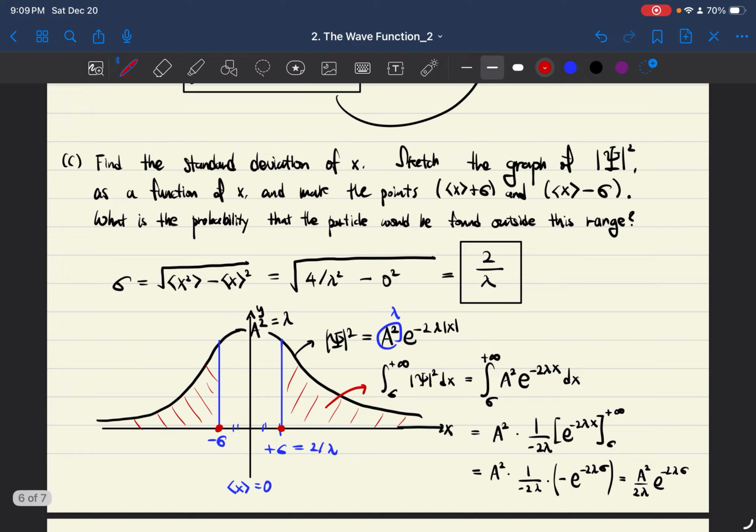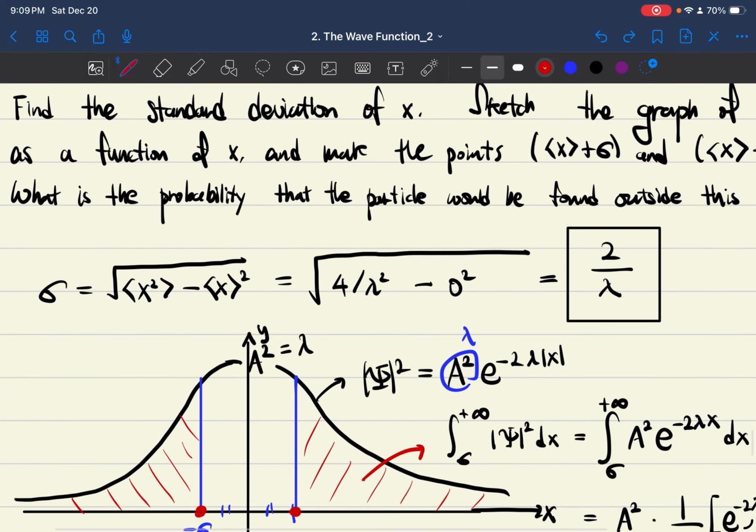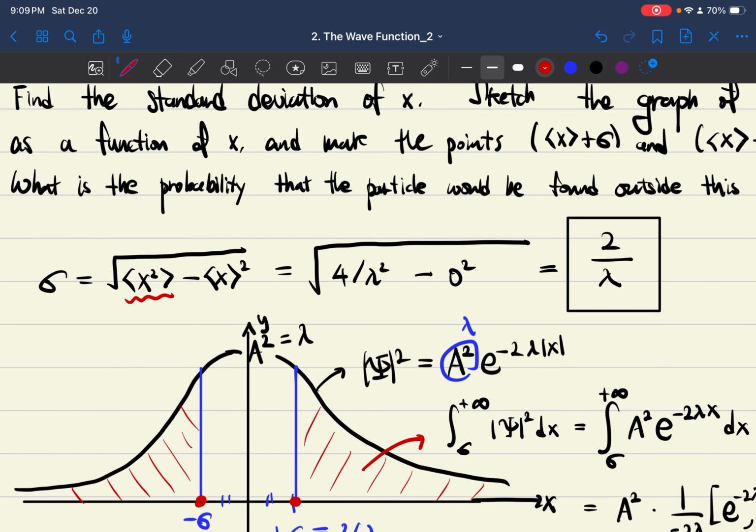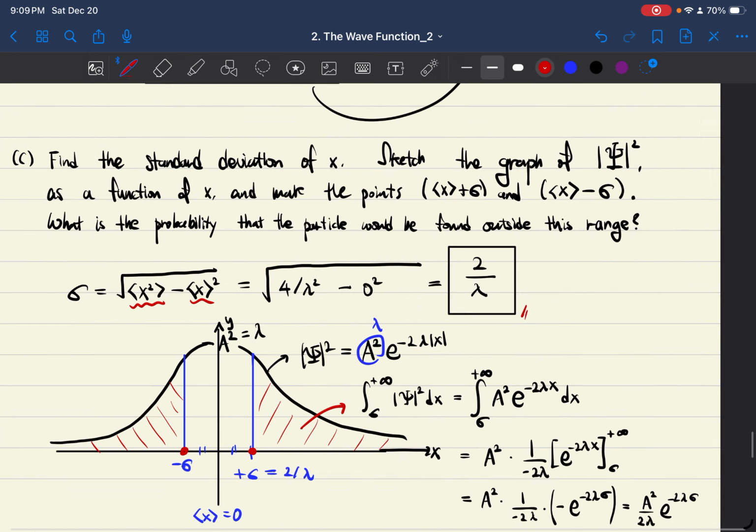We can find this sigma by the simple formula, square root of bracket x squared minus bracket x, squared, and just plug in. This is what we just found, and this is also what we just found as 0, and the resulting sigma is 2 over lambda.